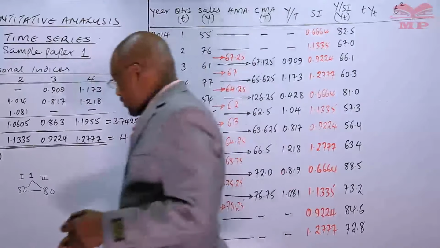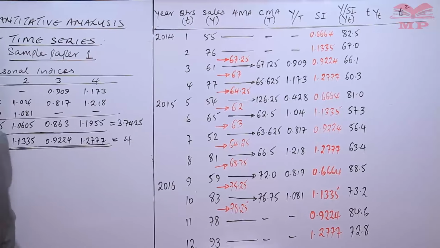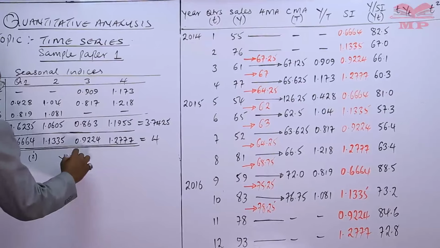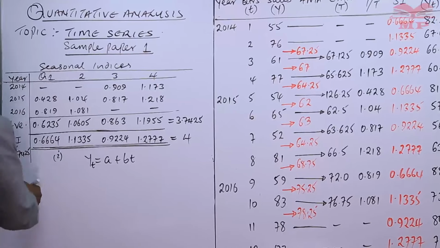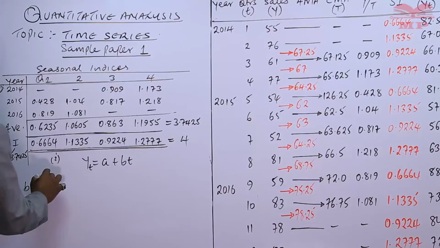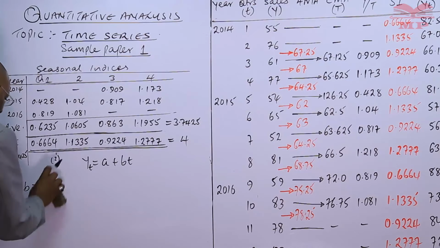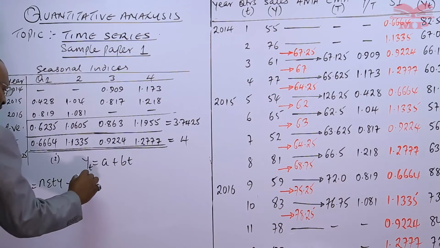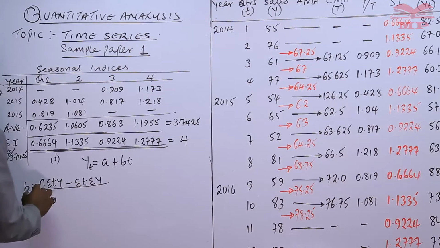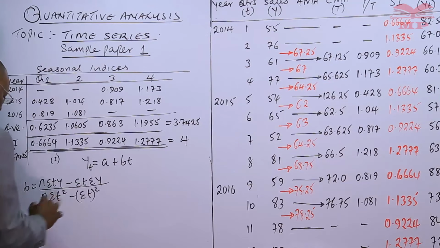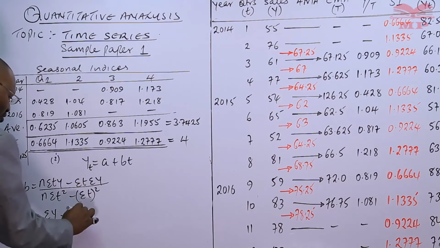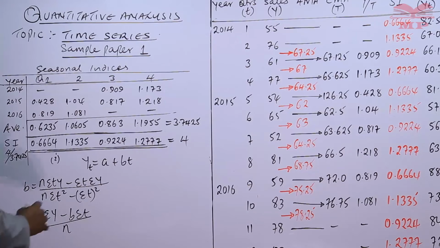And regression, we can do it this way. y equals, so this is yt equals a plus bt, where b equals n summation ty minus summation t summation y, divided by n summation t squared minus summation t squared. Then a is summation of y minus b summation of t, divided by n.